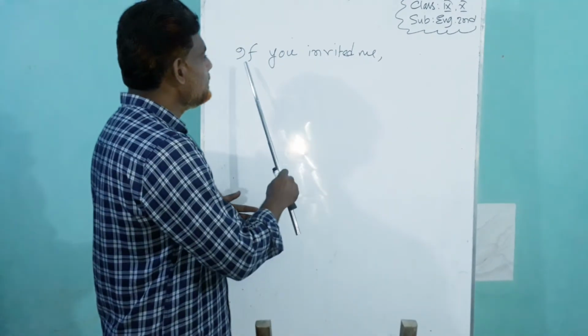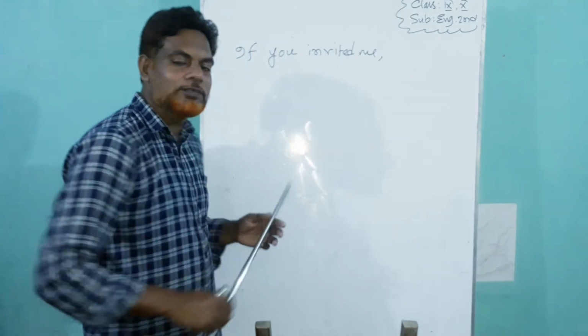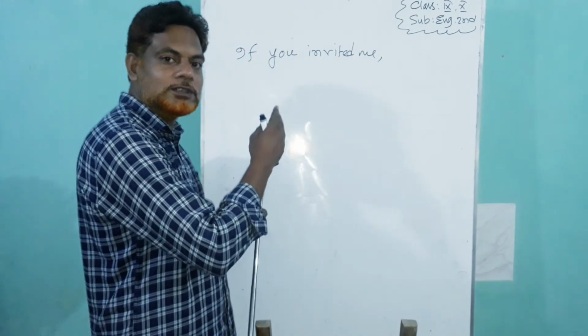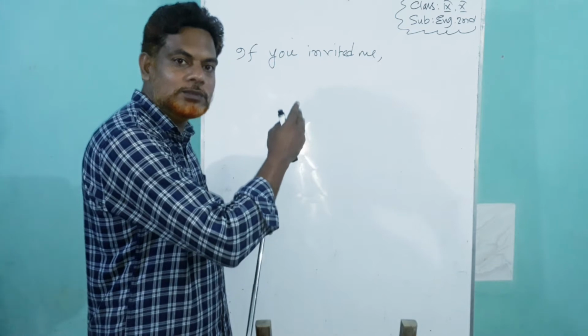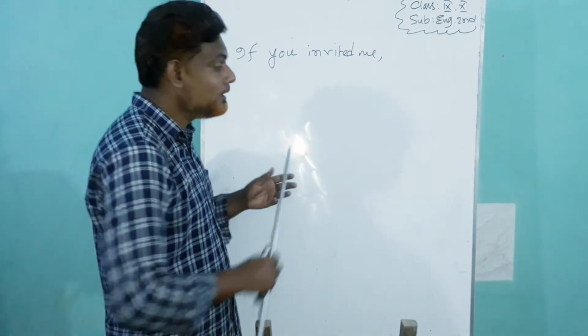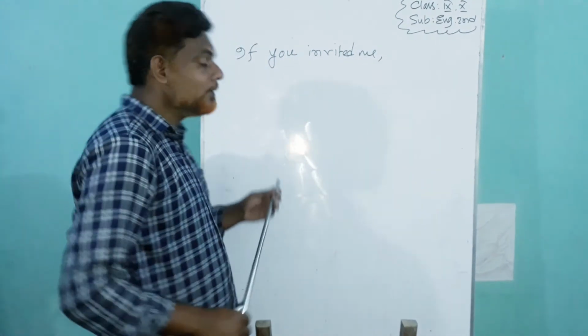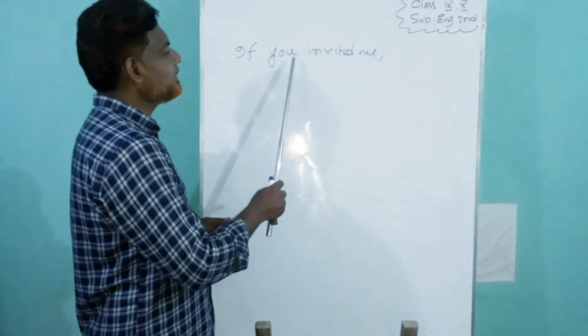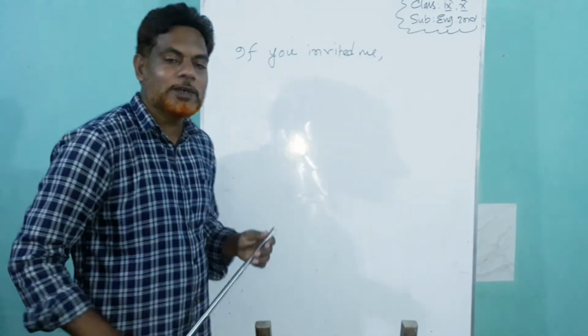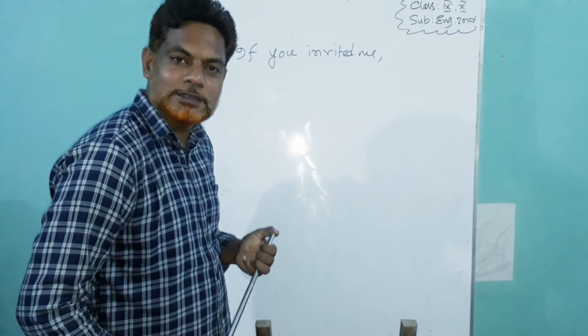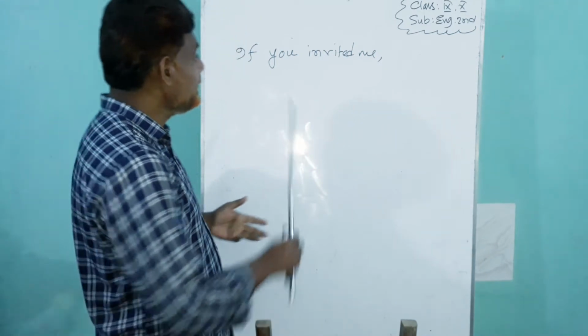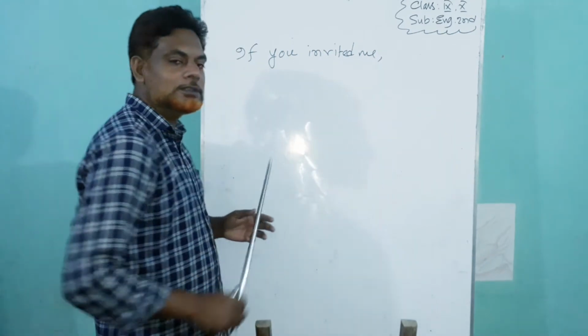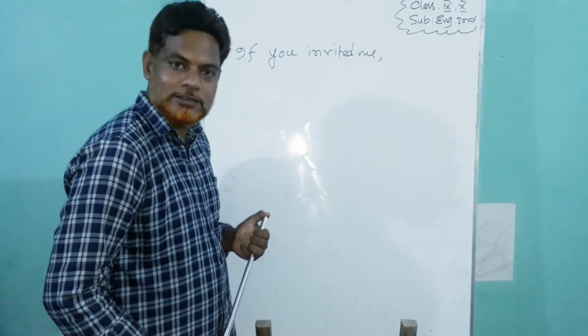And now we have to identify which condition is used in this subordinate clause. You can see there is if plus "you invited me", this part is in past simple tense. That's why this condition is the second condition.